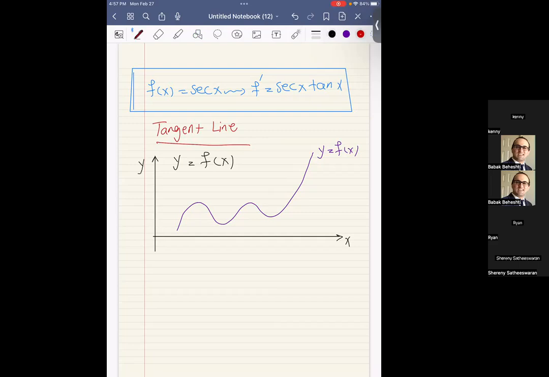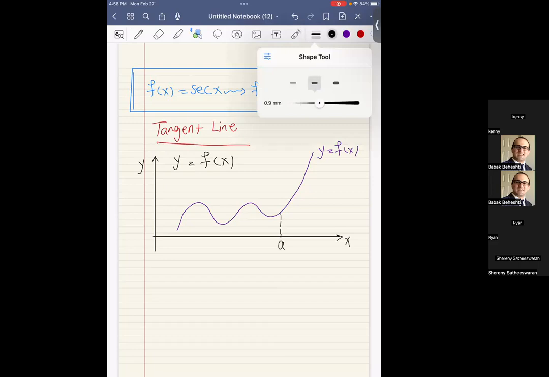So the tangent line at some point, say, for example, x equals a. The tangent line at this point is a line that is tangent to the graph.